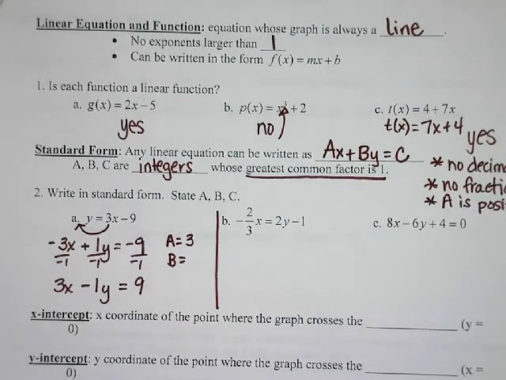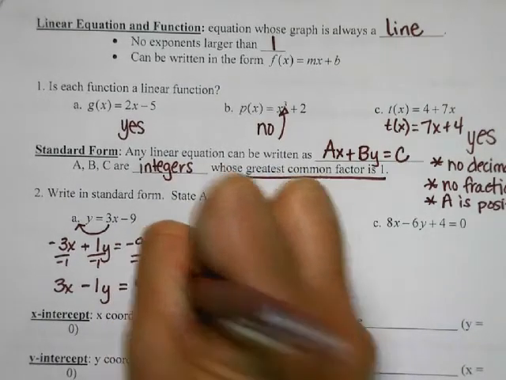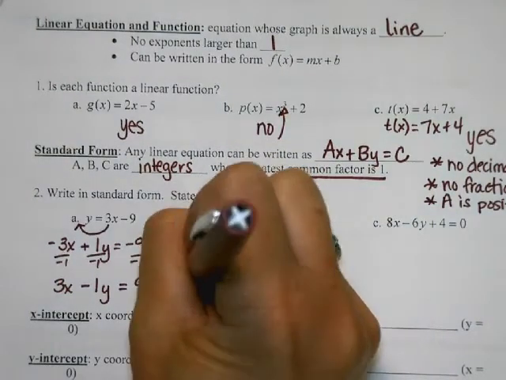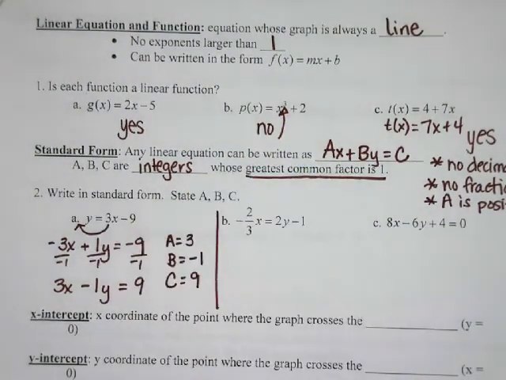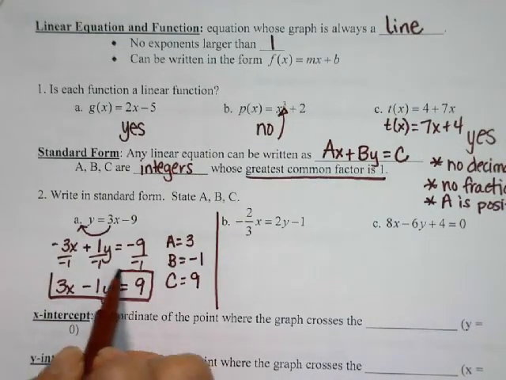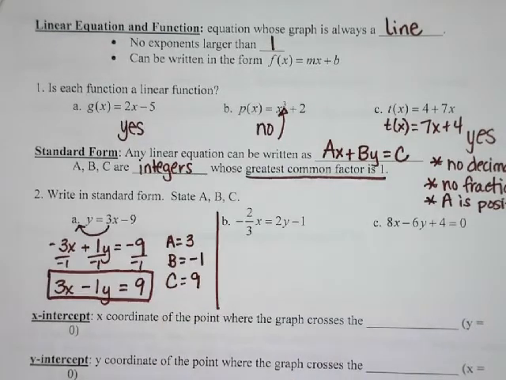What's B? Negative 1. What's C? 9. So this is my standard form. Then it told me to list out what A, B, and C were.